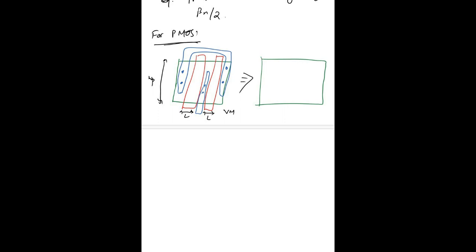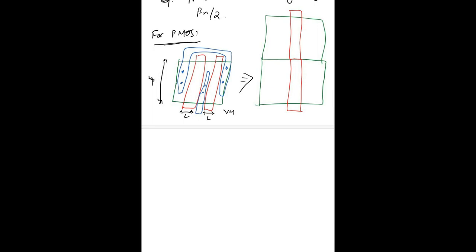So we will have another PMOS on top of the first one, with one gate here and another gate here.